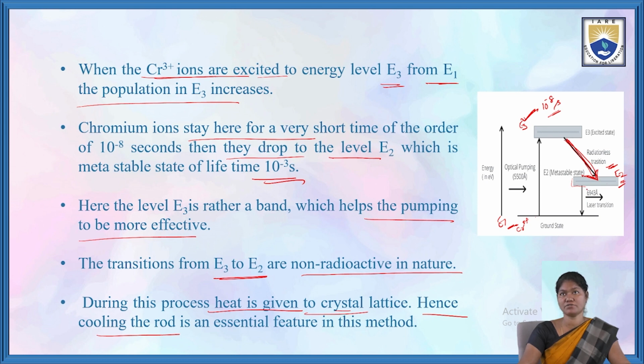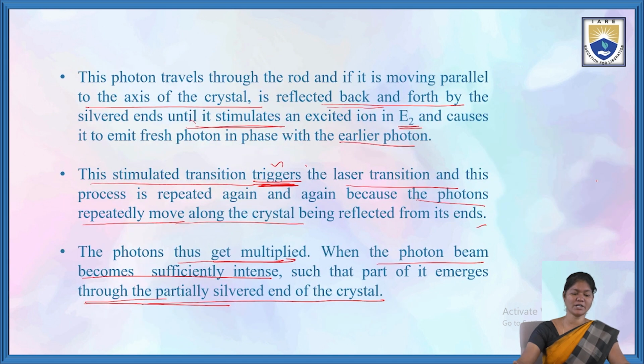The emitted photon stimulates another, and in any one case it triggers the stimulated emission, so the stimulated transition triggers the laser transition, and the process is repeated again and again because the photons repeatedly move along the crystal, being reflected from its ends.